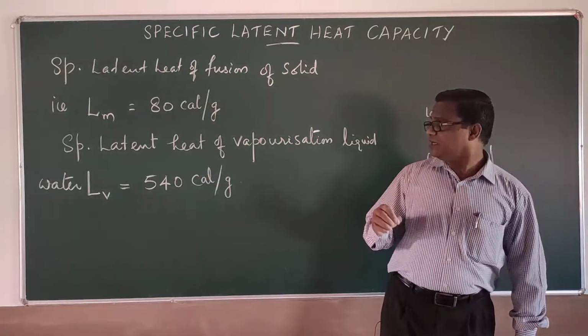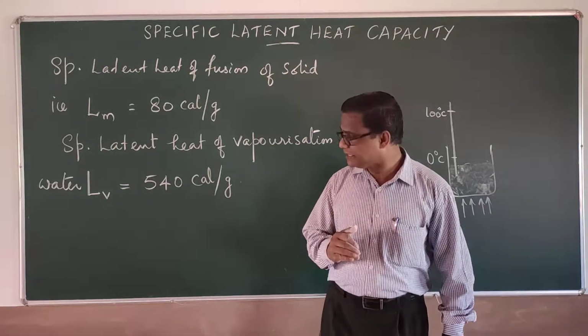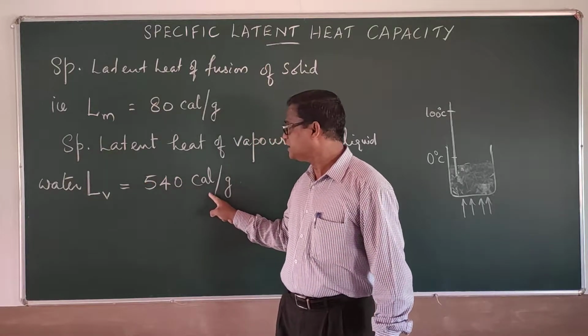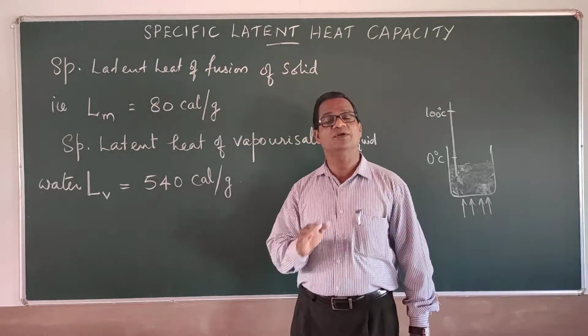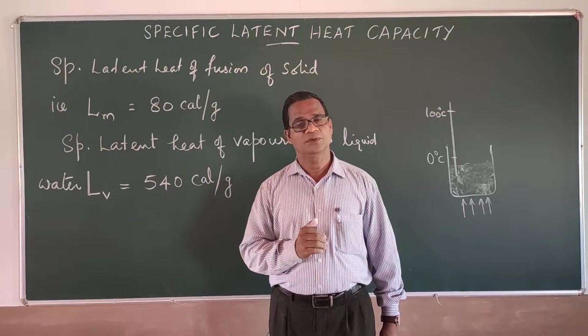That means 1 gram of steam at 100 degrees Celsius has a heat energy equal to 540 calorie.